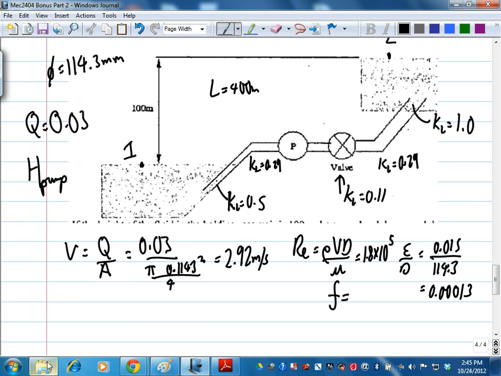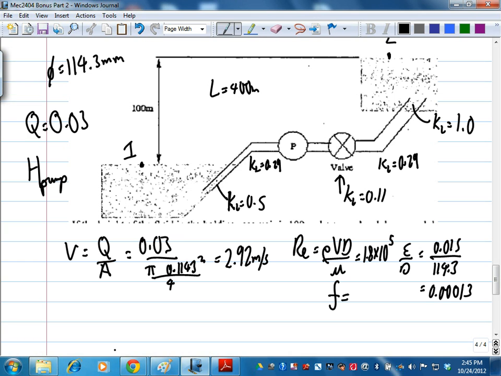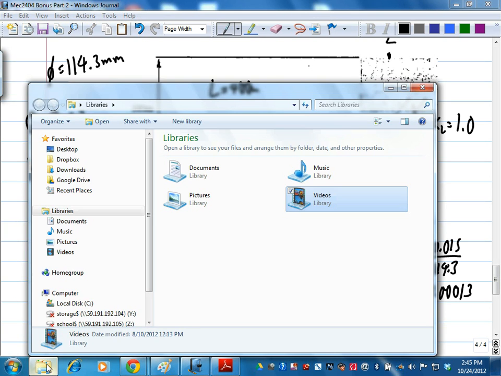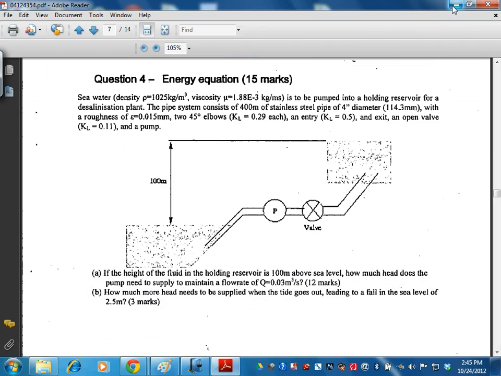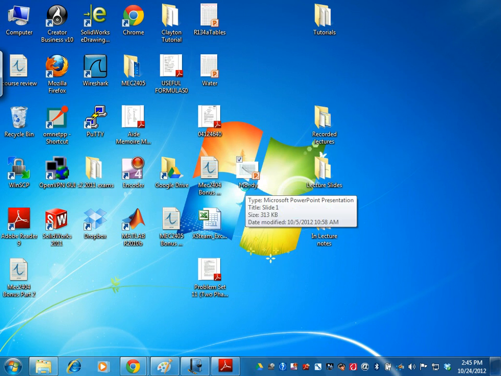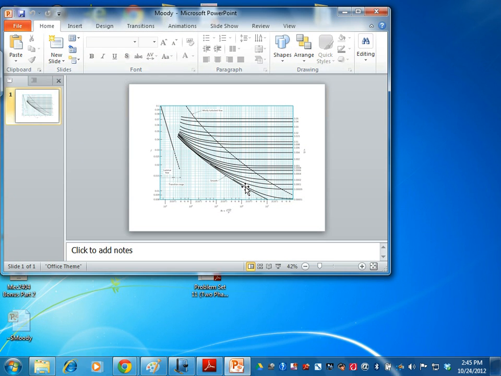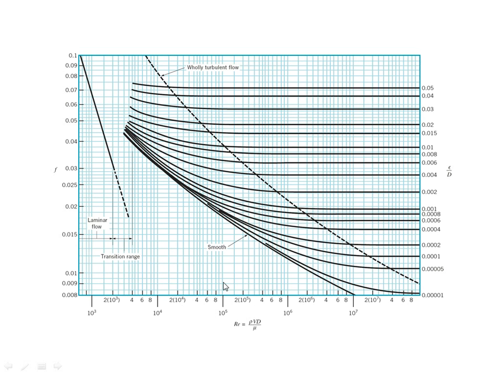Then we look up our Moody chart. Where's our Moody chart? 1.8 by 10 to the 5.